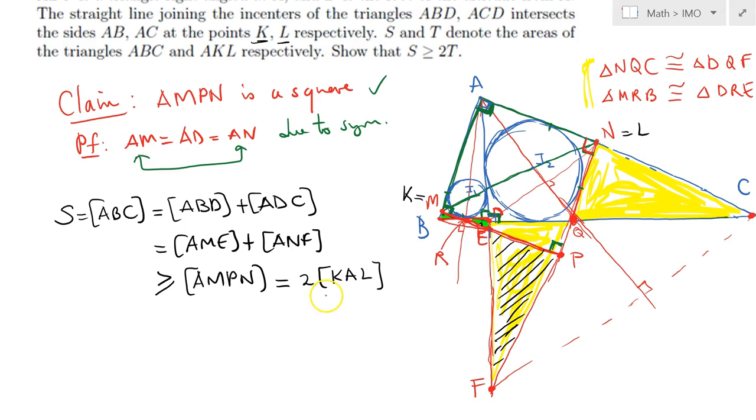And well, the question clearly describes KAL as T, and as a result we have the desired result, right? So we have just proven that S is greater than or equal to 2T by just moving regions around using symmetry, heavily using symmetry, and pretty much not using anything else, no trigonometry or Pythagoras, nothing involved.